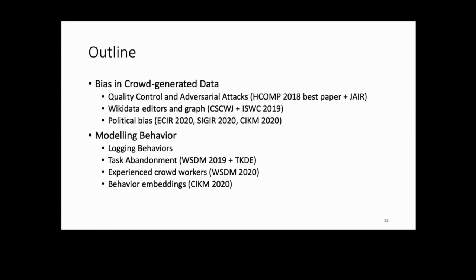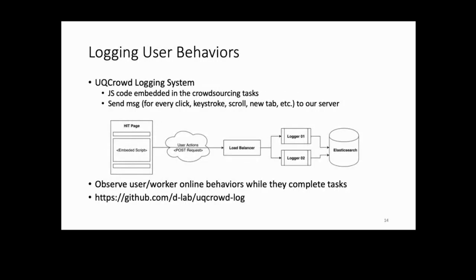observation. Let me now move to the second part, which is about observing user interaction behaviors and a couple of examples of what we can do with this type of data. The type of data I'm talking about is really the type of data you can collect at the low level.